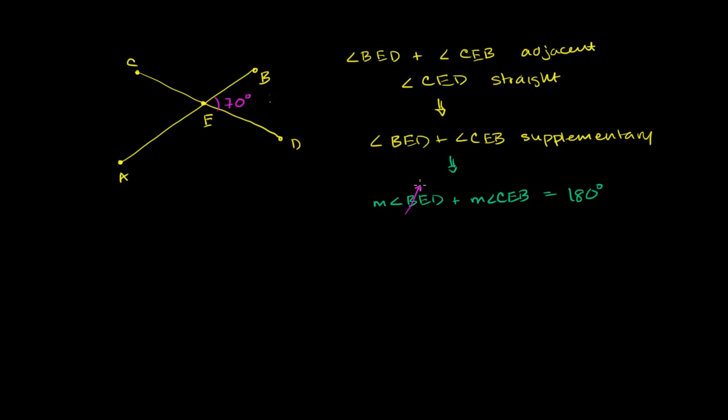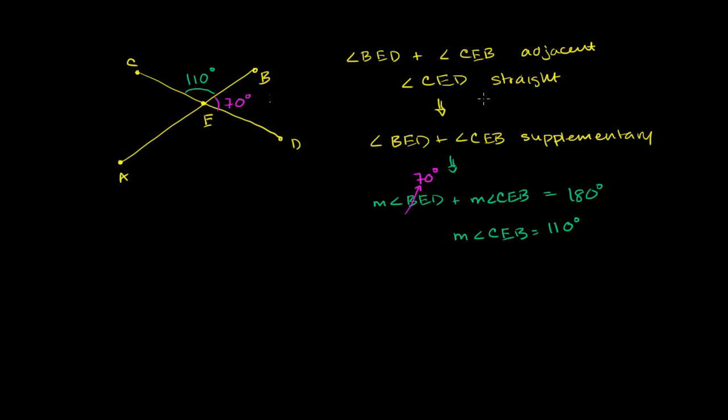So 70 degrees plus the measure of angle CEB is 180 degrees. You subtract 70 from both sides, and we get the measure of angle CEB is equal to 110 degrees. So we figured out that this right over here is 110 degrees.